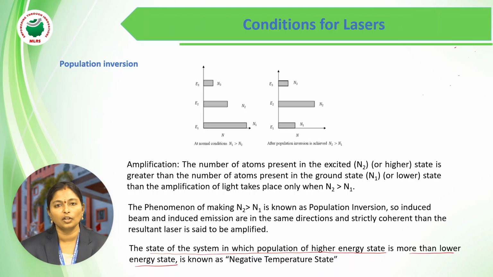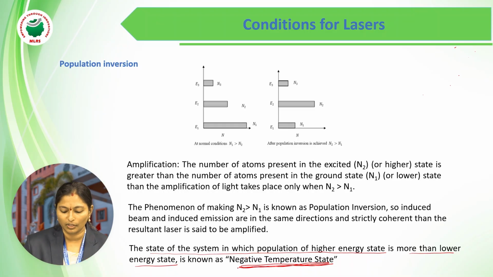But here, the state of the system has more atoms in the excited state when compared to the ground state. This we are going to call a negative temperature state, because this is the reversible, inverse process. That's why it is also called a negative temperature state, meaning the population inversion state only.